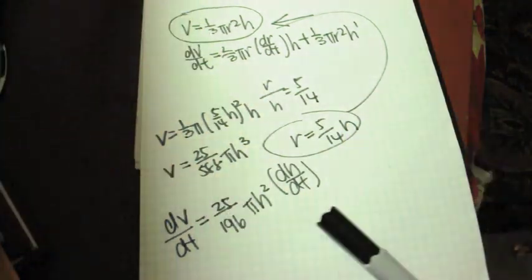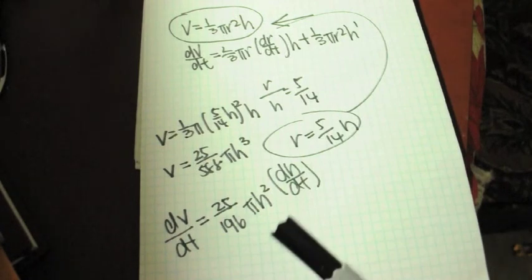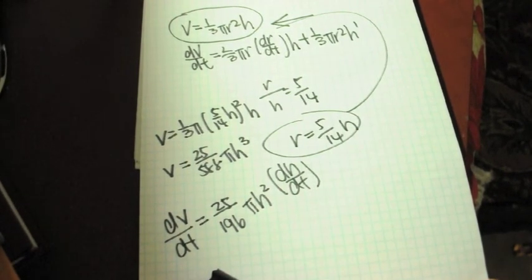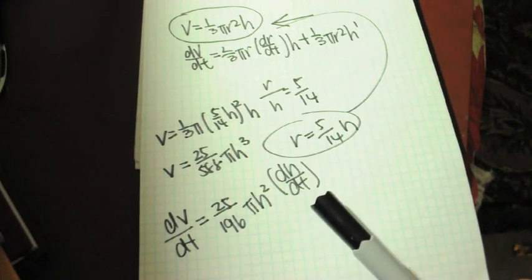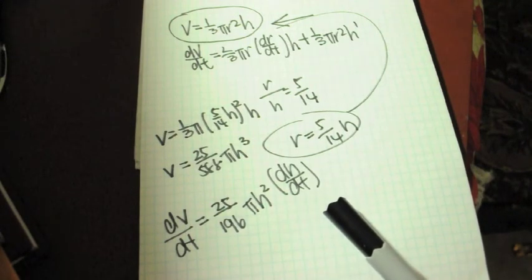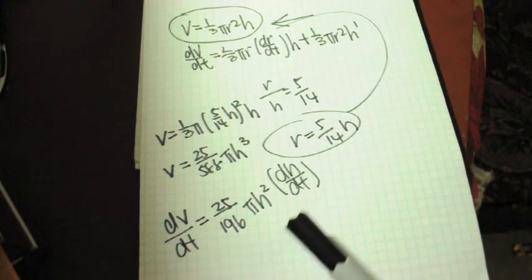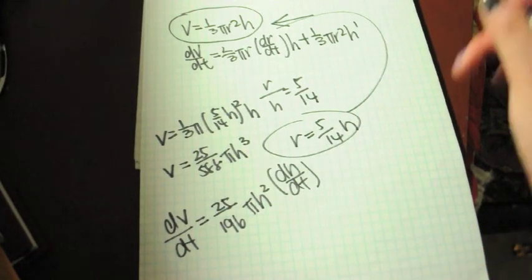So this is the equation that you get after you differentiate, and you can clearly see that we know what dV/dt is, we know what h is, and all we need to do is solve for dh/dt. So all we need to do is plug these two values in and then solve for dh/dt, which we'll do right now.